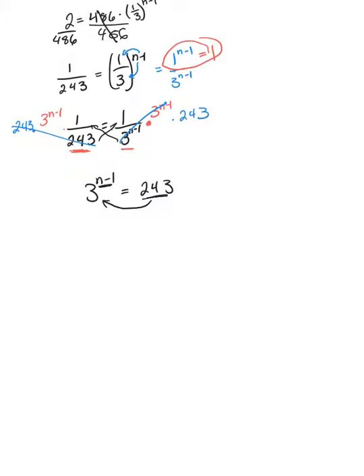Well, it turns out it is. So I want you to pause the video and see if you can turn this into a power of 3. In other words, I want to write this equation as 3 to the n minus 1 is equal to 3 to the power of what? No, I'm being serious. Pause the video and try it yourself, Maddie.